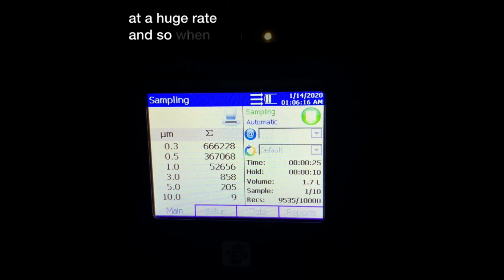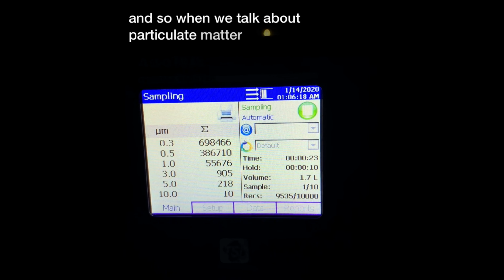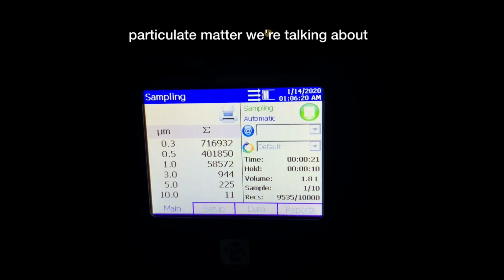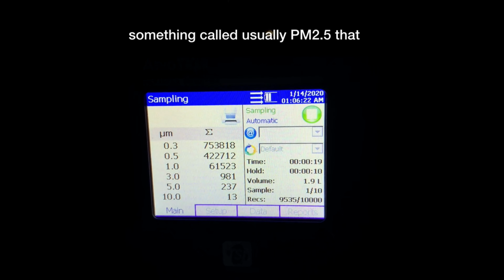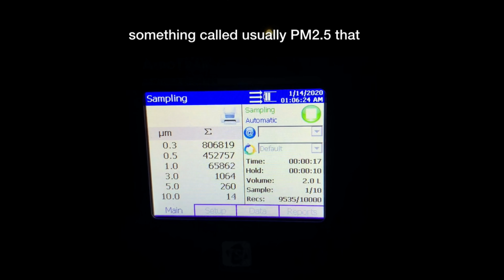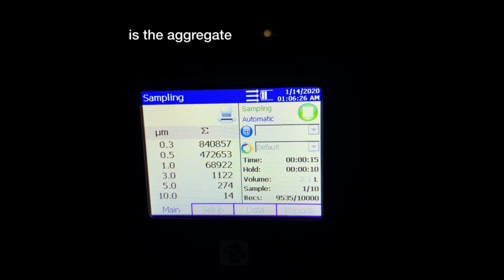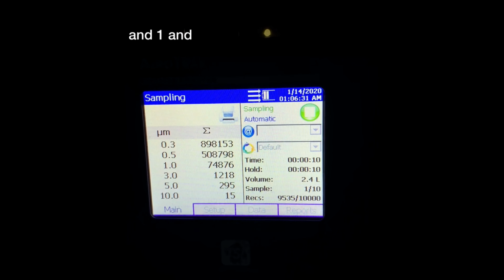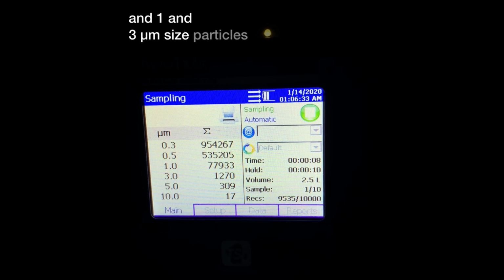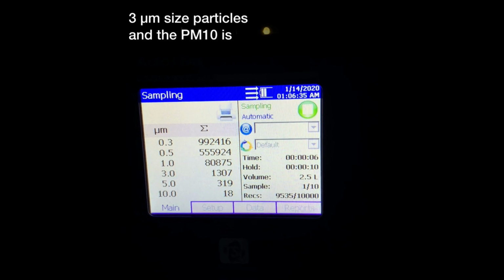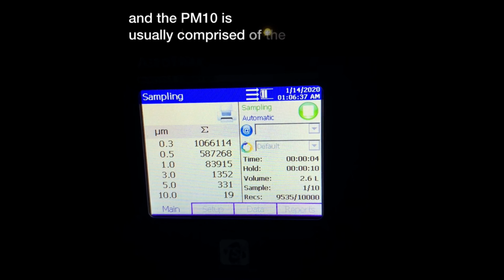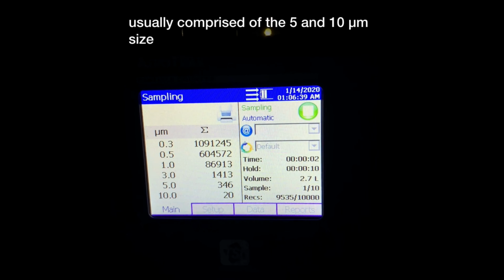When we talk about particulate matter, we're usually talking about PM2.5, which is the aggregate of the 0.3, 0.5, 1 and 3 micron size particles, and the PM10 is usually comprised of the 5 and 10 micron size particles.